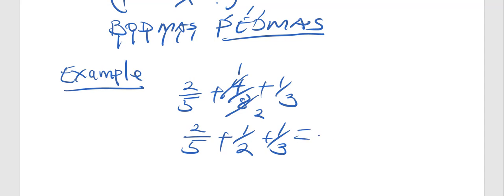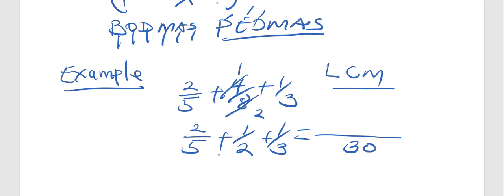So first of all, look at the LCM, and the LCM is lowest common multiple. Which number is the lowest number that 5, 2, and 3 can enter? The LCM of these numbers is 30. Why? Because all of these are prime numbers.